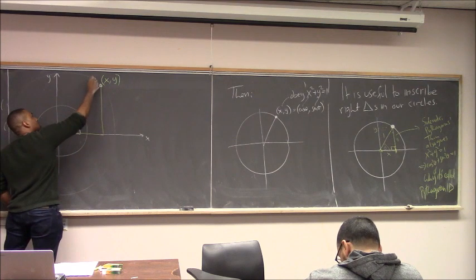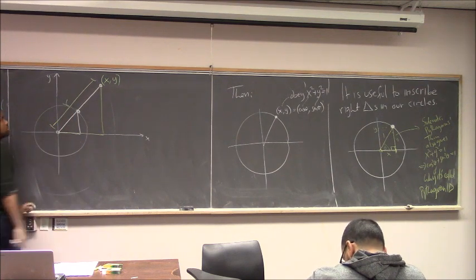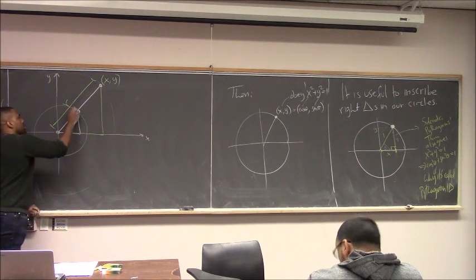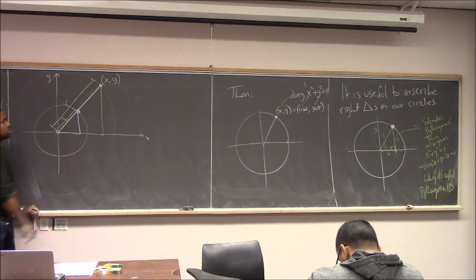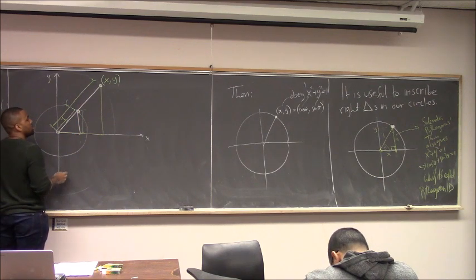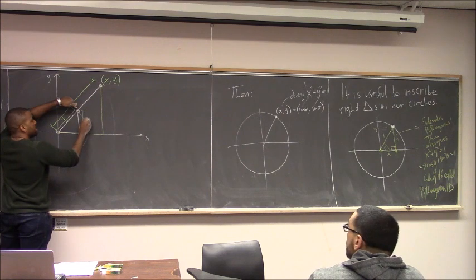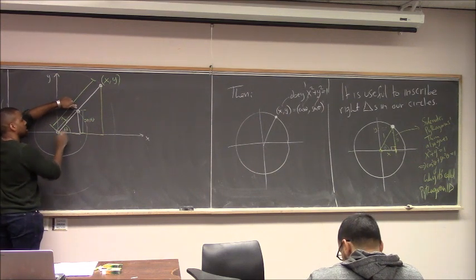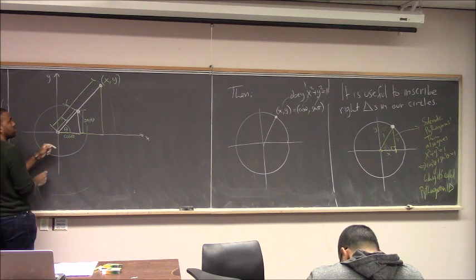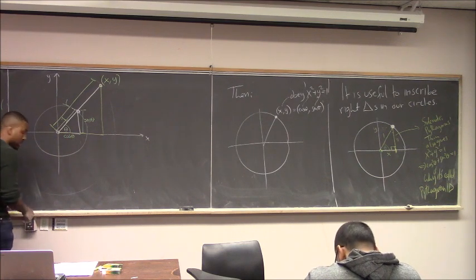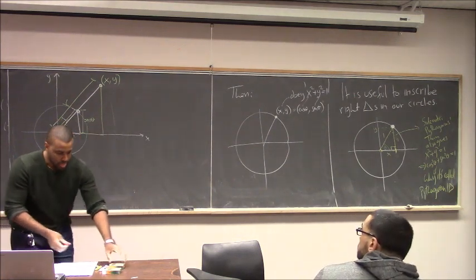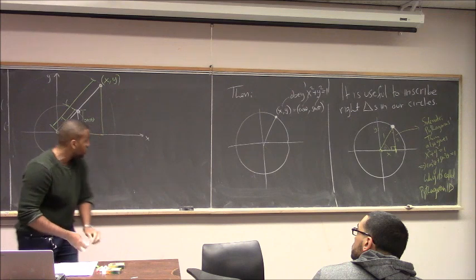And let's say it's a distance r, on a circle with radius r. This is of course a circle with radius 1. This height here is the y value, which is given by sine of theta. Theta is this angle. This length here is given by cosine of theta. And so what do we get? Now we can apply something with triangles.